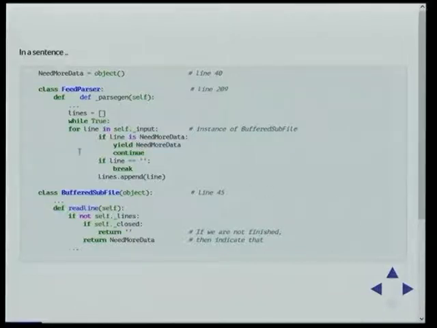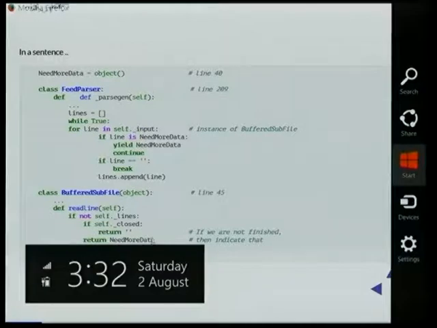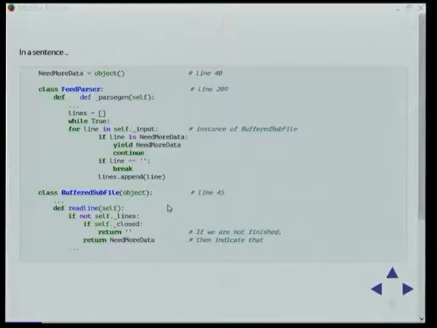In here, self.input sucks out a line and then checks, is it NeedMoreData? And BufferedSubFile returns NeedMoreData if it itself needs more data, because it's only read part of the stream, because BufferedSubFile is pulling in data from the wire.